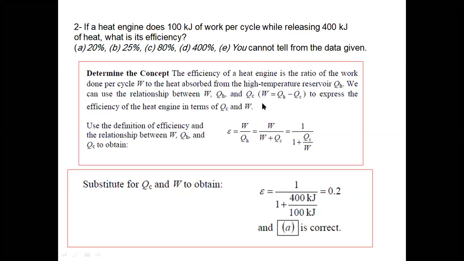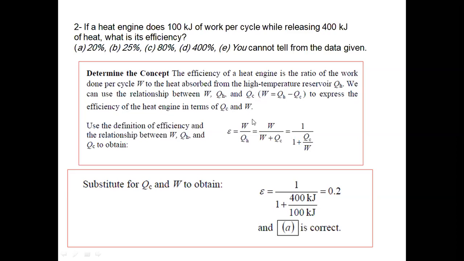The concept of this problem: the efficiency of a heat engine is the ratio of the work done per cycle to the heat absorbed from the high temperature reservoir QH. The work equals QH minus QC.